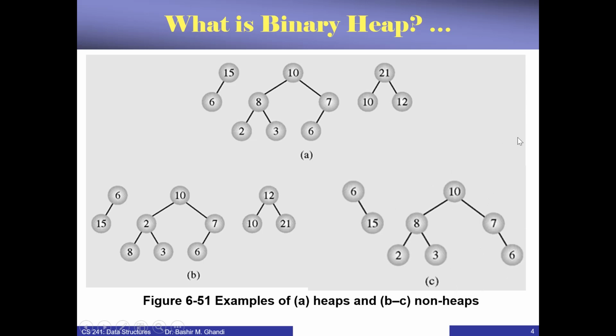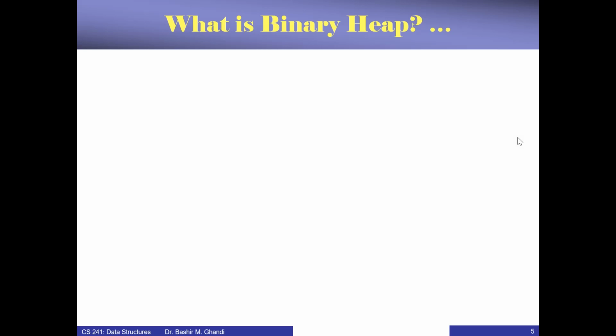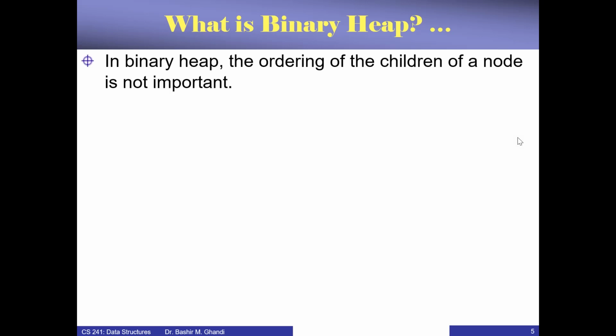So this is basically what is meant by a binary heap in general, and in particular the two types, max heap and min heap. There are 2 points to note while talking about what is binary heap.